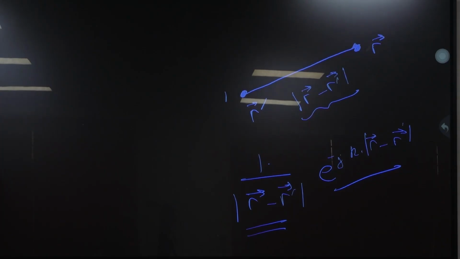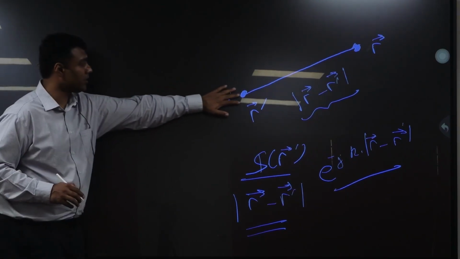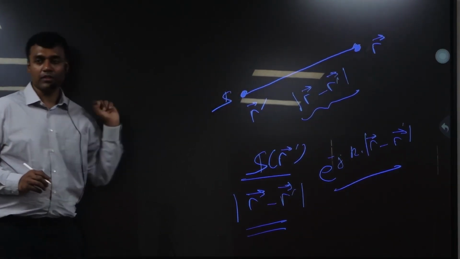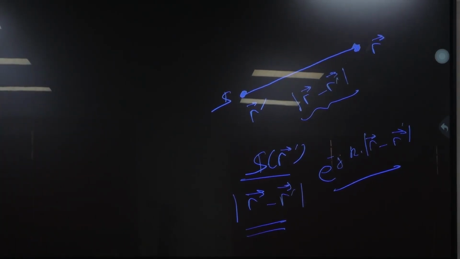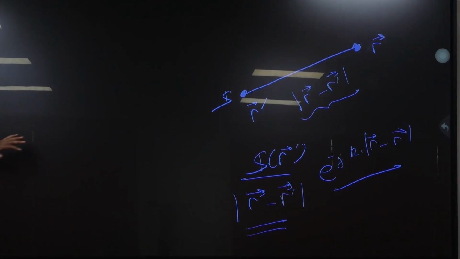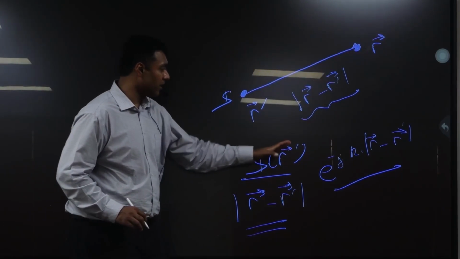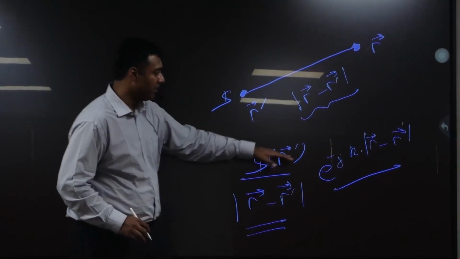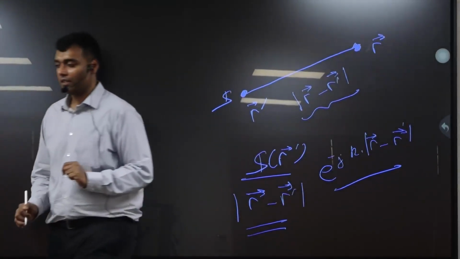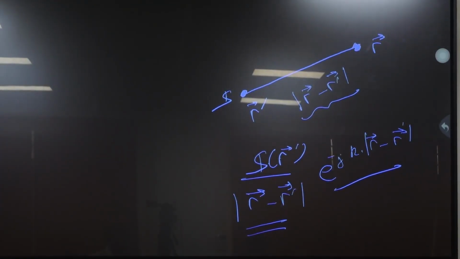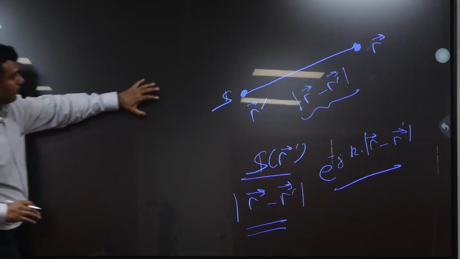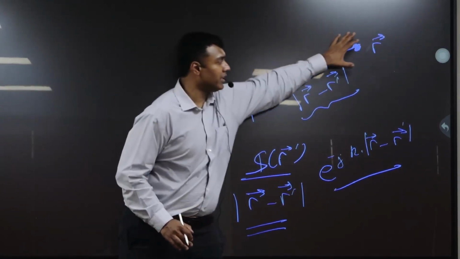But if it's not 1, say it is s of r prime at position r prime, then the field at position r is s of r prime divided by |r minus r prime| times e to the j k |r minus r prime|. So if you know the field at one point, you can predict the field at another point.